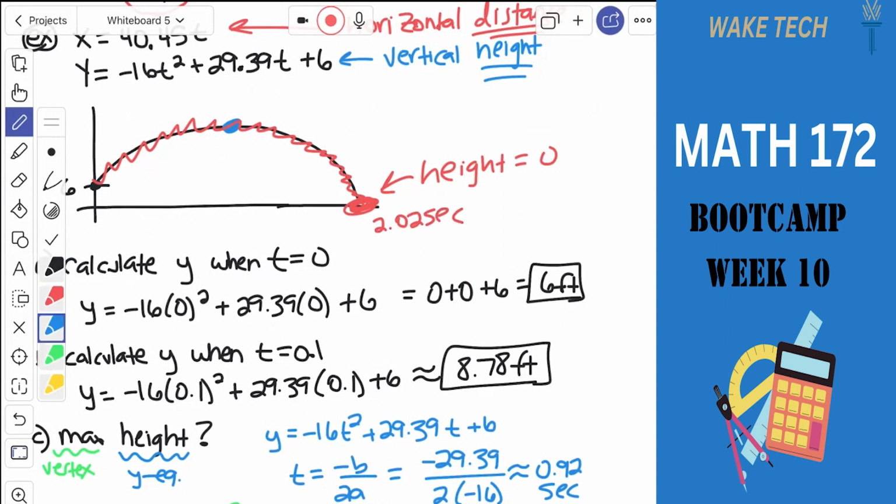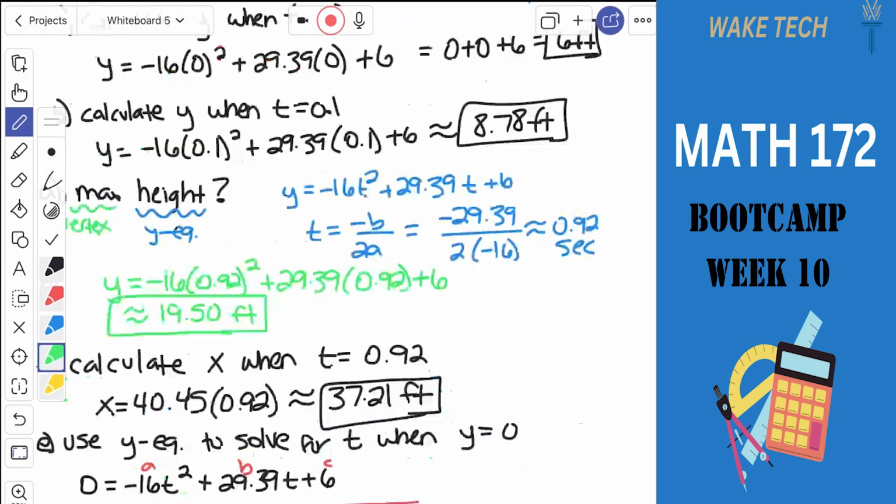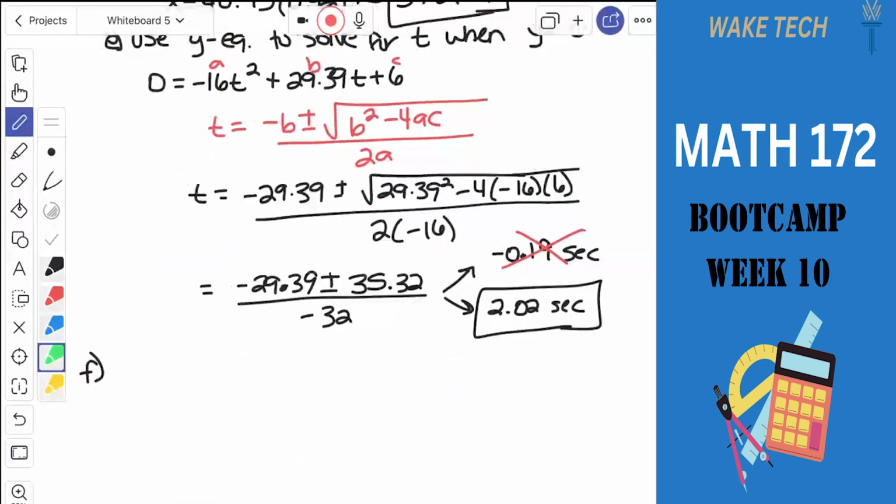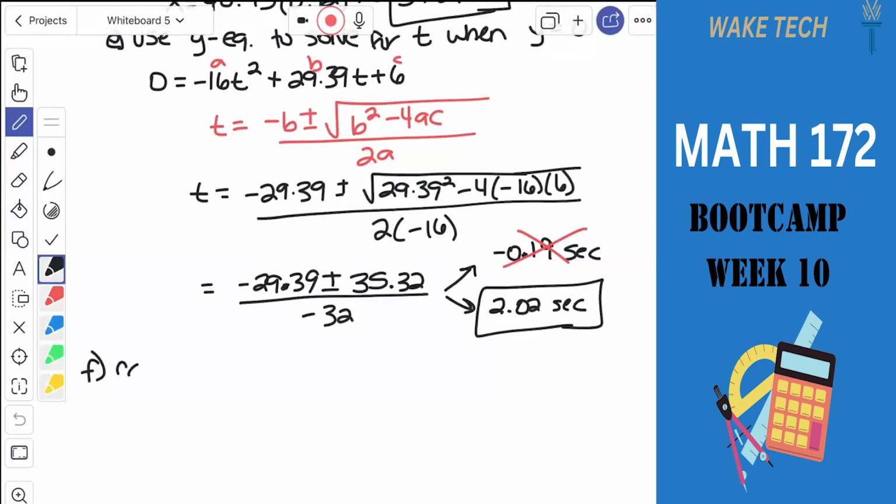But what we'd like to figure out is what that distance is. That means we need the x value, and we know the time we're using. We want to know the x when t is 2.02 seconds.